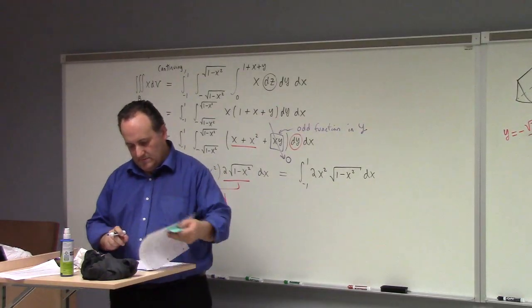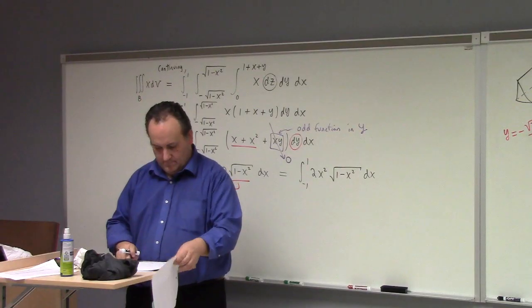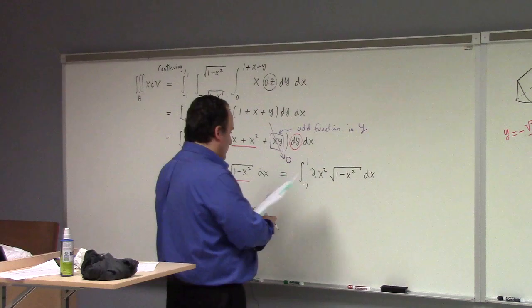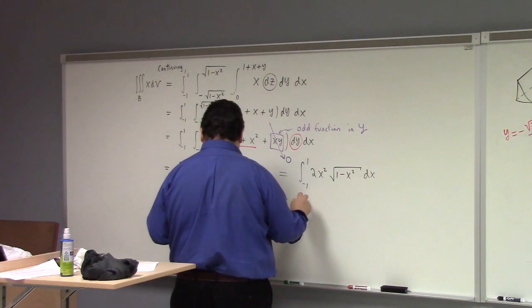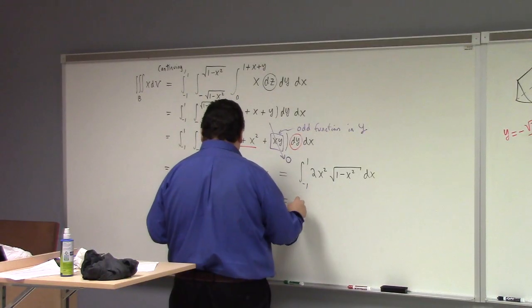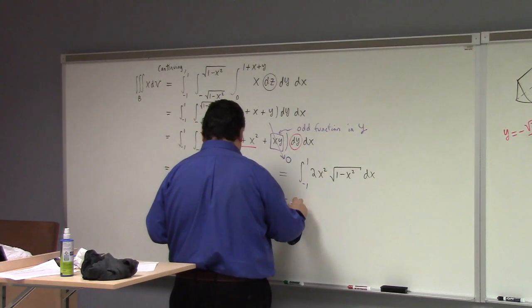So that's kind of nice. And after a trig substitution, which I don't feel like doing, the details are on page 287, this ends up being pi over 4.